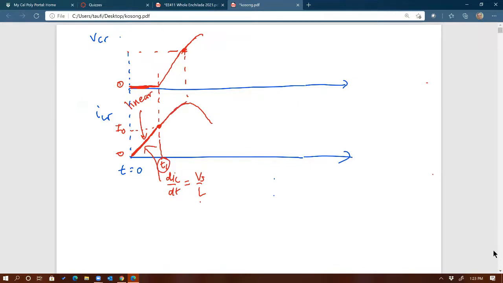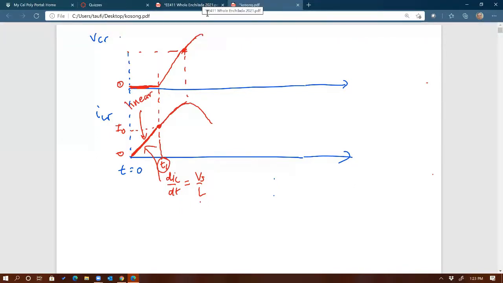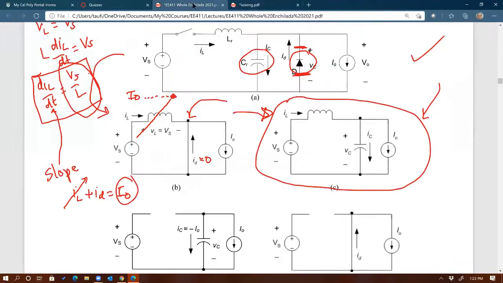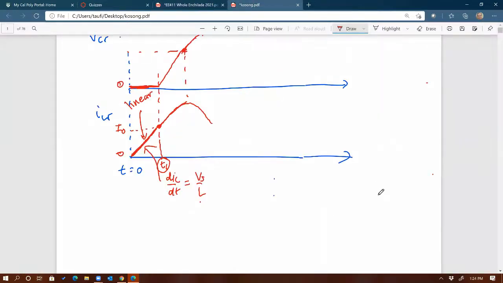And what's good about a sine wave? It naturally goes to 0. So if I allow this resonance circuit to occur, at some point this IL, which is the same as I switch, keep in mind, because they're in series, is going to be a sine wave, and then the current through the inductor eventually will go to 0, assuming we have the proper offset.